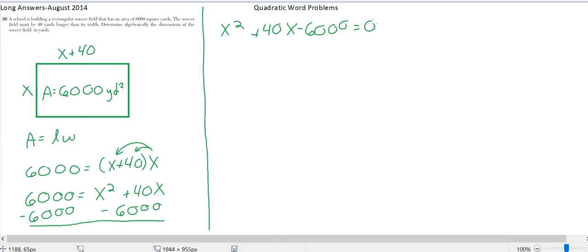Let's use the quadratic formula. The quadratic formula is x is equal to negative b plus or minus the square root of b squared minus 4ac, over 2a, and let's plug in what we know.